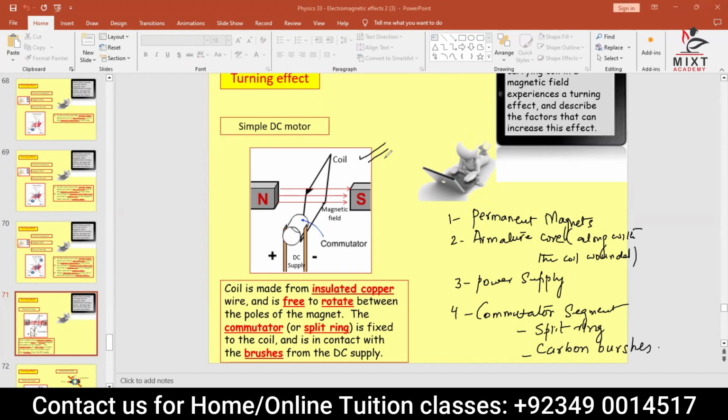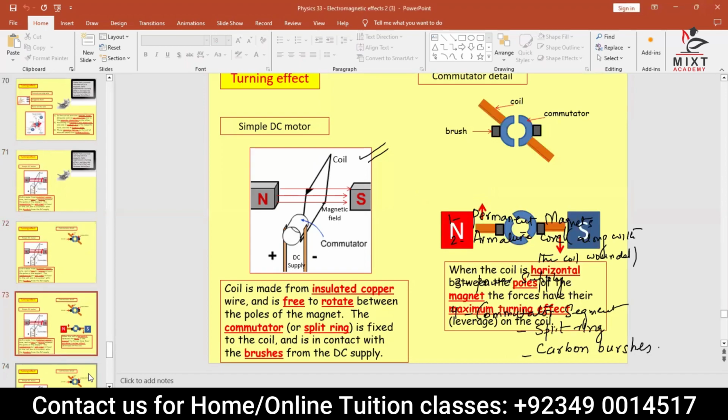Okay. Students, have you copied? I mean, have you drawn the diagram and written these things? Draw that diagram and also write all the explanation which is written over here.